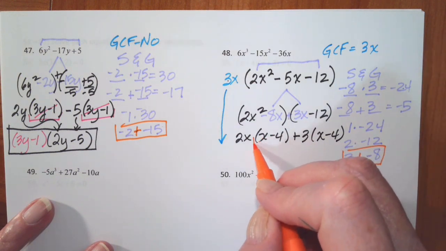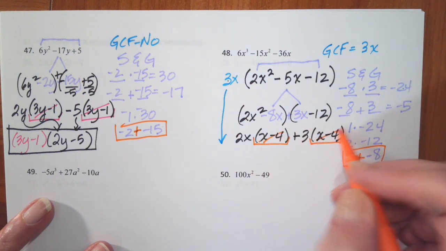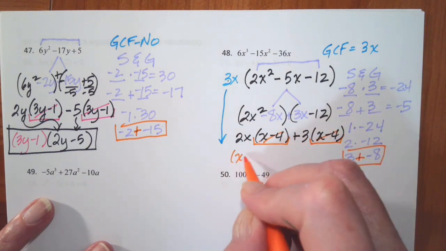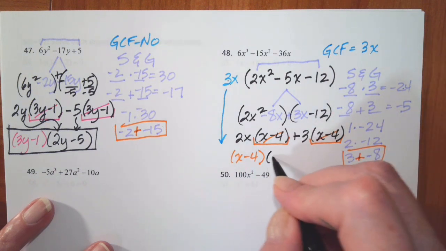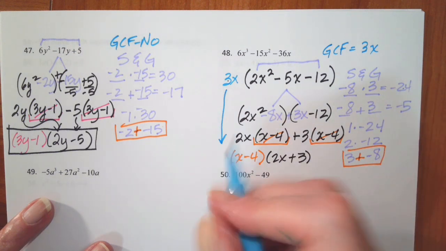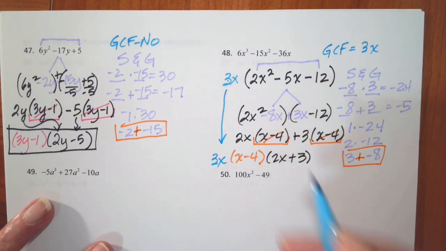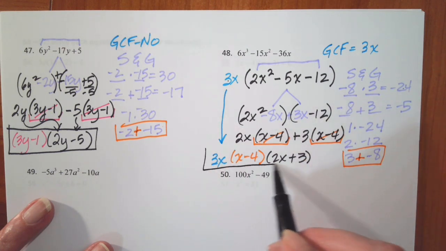I now have a common binomial factor of x minus 4. When I divide that out, I'm left with 2x plus 3, and I want to include in my answer my GCF, and there you have it.